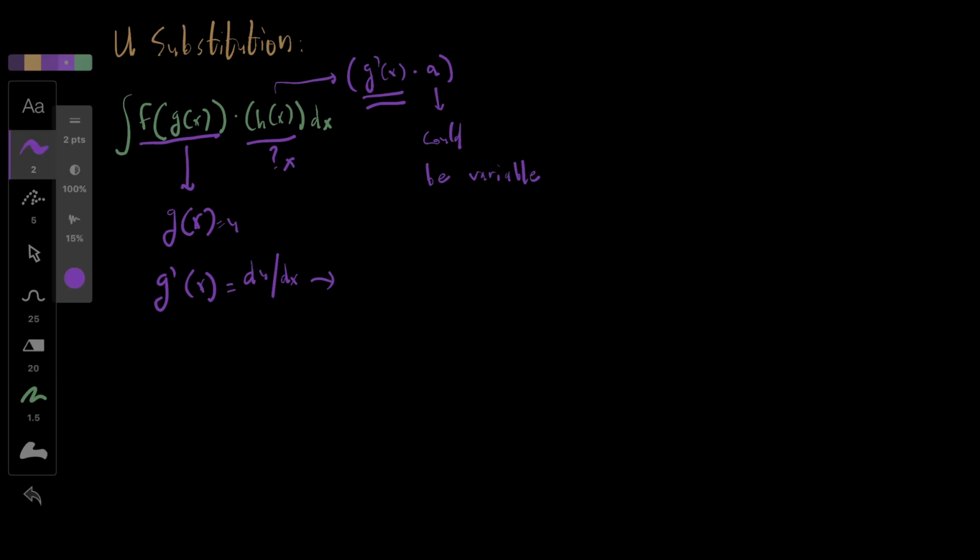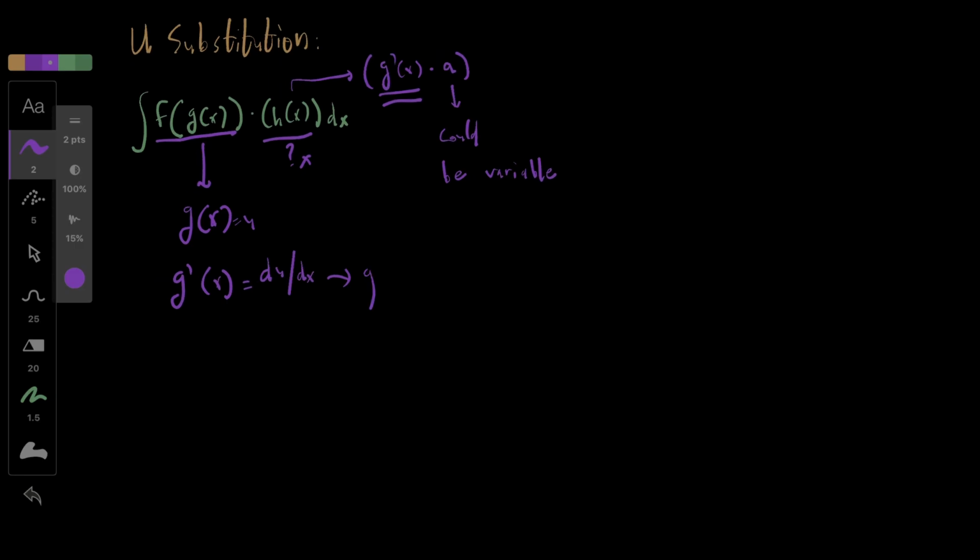Now, you can also multiply by these differentials, and that's how the basis of the integral gets formed. So now, with that short detour done, what we have is g dash of x dx is equal to du. So there we go.